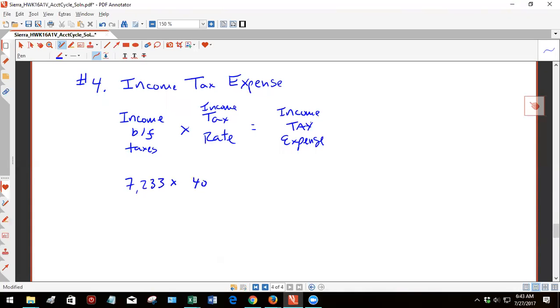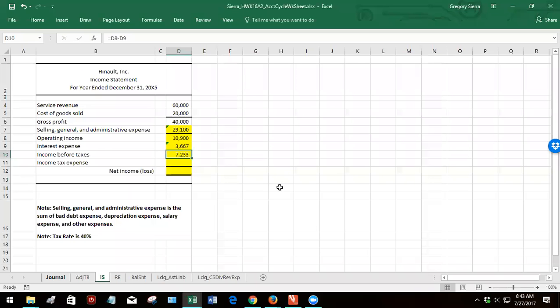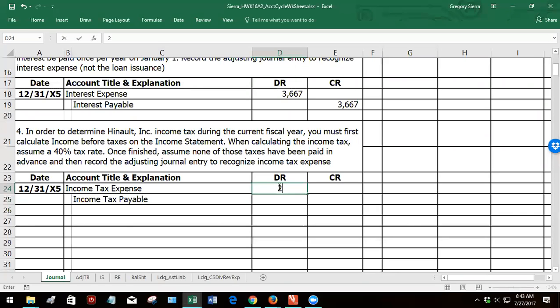Times 40% equals 2893. We only go to the dollar in financial accounting. Those pennies, other people can worry about. 2893. Back to my journal, 2893, and I can just say equals.